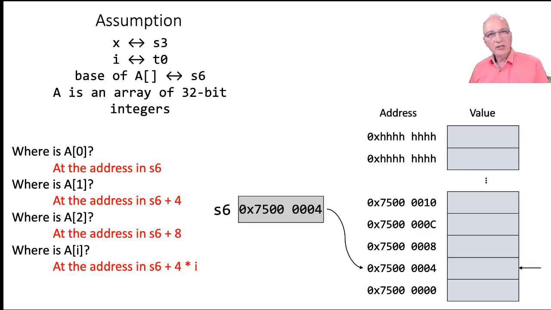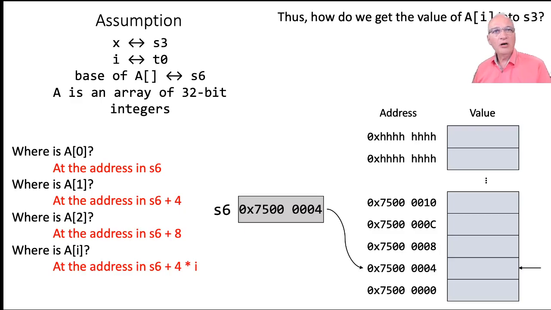Therefore, if we want now to bring from memory the value of A sub I into S3, what we need to do is to multiply I by 4 initially and write the result in a temporary. And in this notation here, I'm using TA, which is not an existing register in RISC-V. Whenever I'm writing pseudocode, I use these symbolic registers. I will later translate them into the actual registers in the processor.